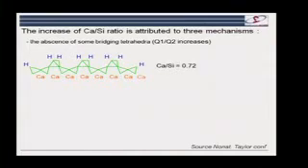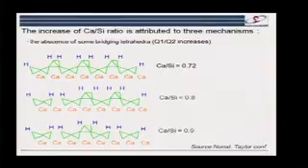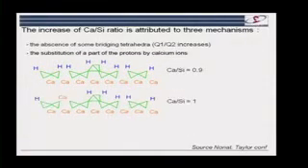The silicates up here have a corner which is not joined to anything else. This has to be balanced by either a hydrogen or, as we'll see later, a calcium. So this is our starting point, calcium-silicon ratio 0.7. The first thing we can do is to have these bridging sites missing. If we remove all these bridging sites, we can get to a ratio of about 1 or so.